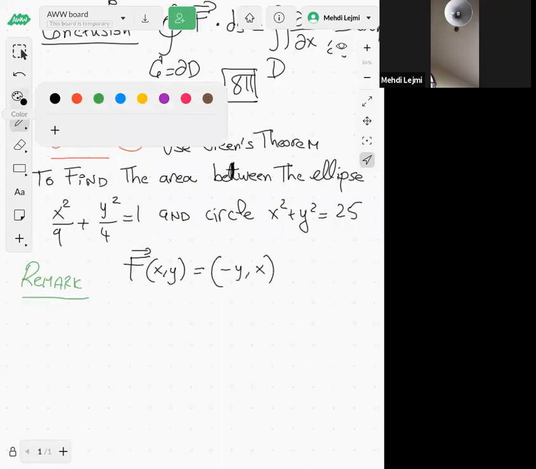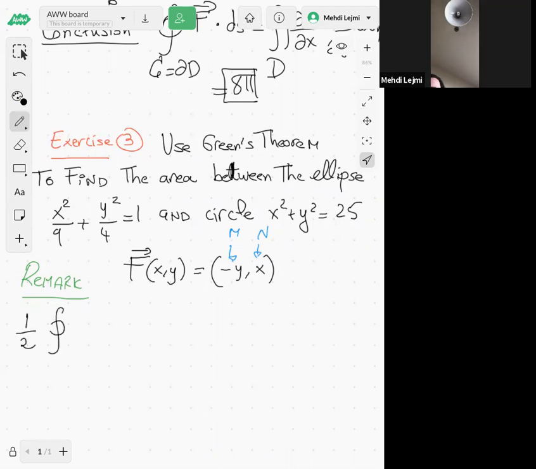So this would be M, and this would be N. All right. So when you take half of the vector line integral of F ds along the boundary of your region D.